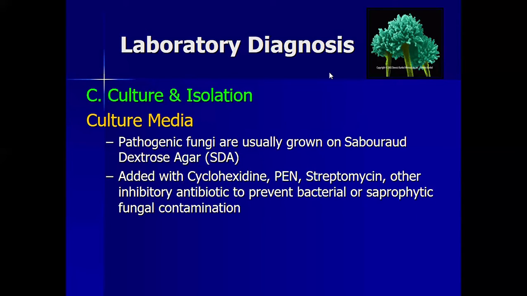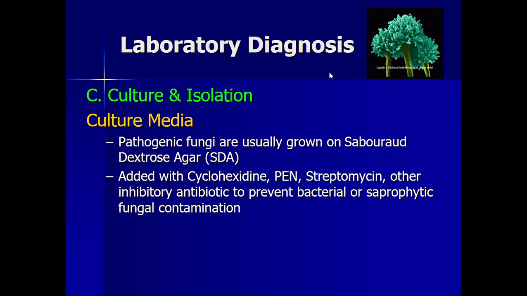So the pathogenic fungi are usually grown in Sabouraud dextrose agar. This SDA is the usual culture medium used for fungal organisms. And then you can add inhibitors.